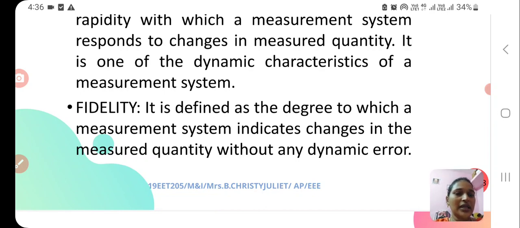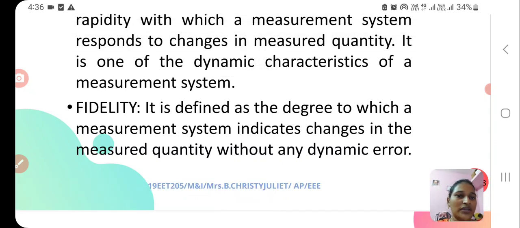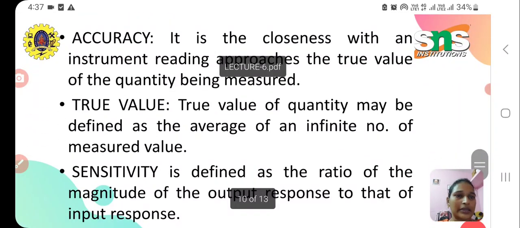Even a minute variation has to be replicated as the corresponding minute variation on the output side. Fidelity and reproducibility are somewhat similar, but fidelity means it should not contain any dynamic error.